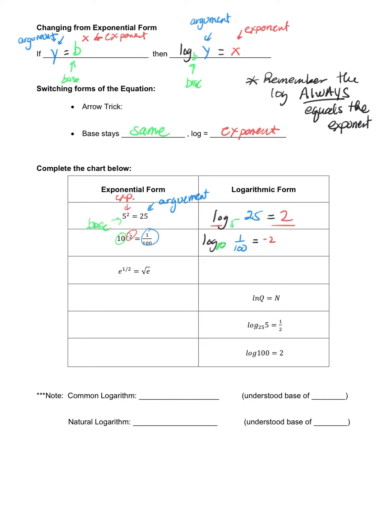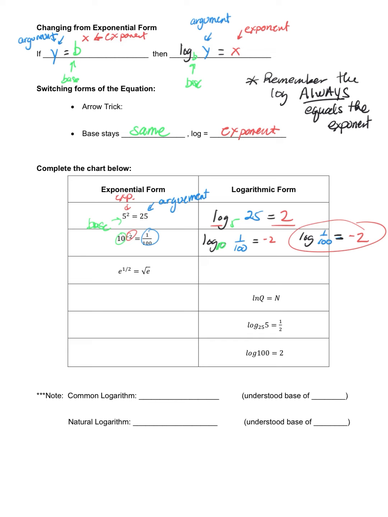Now, we don't write log base 10 because we know from before, if it's base 10, it's understood to be there, so we're going to write this as log of 1 over 100 equals -2.